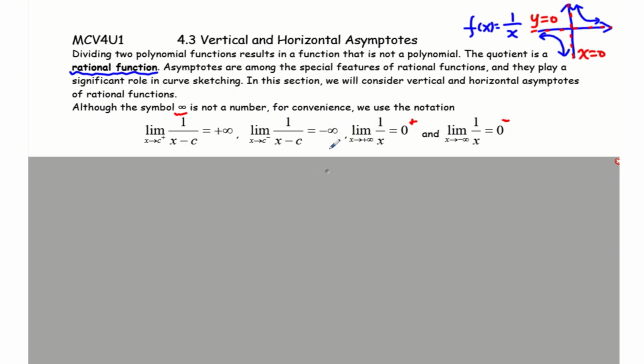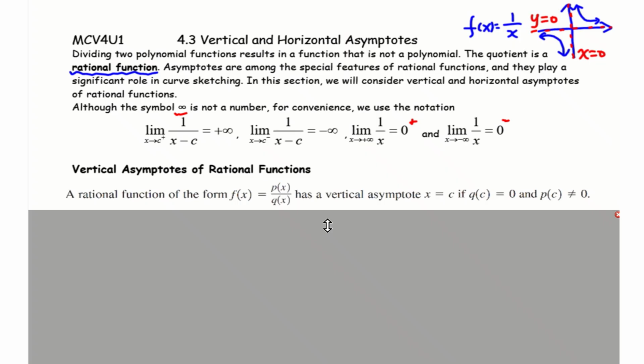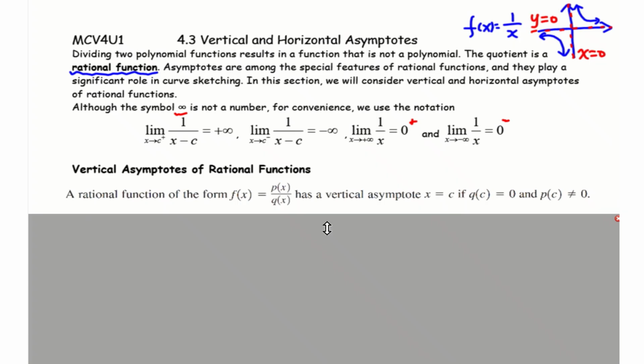So we are going to discuss the vertical asymptote first. Vertical asymptotes of a rational function mean the denominator equals 0. So it is like our domain, the restrictions for the domain.